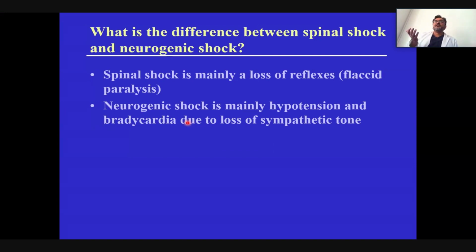So imagine if your anterior gray horn cells are not firing, what would happen? Hyporeflexia, flaccid type of paralysis. So that would happen in spinal shock. Whenever you have spinal cord injury, for a period of time the spinal cord neurons will stop firing, and it can last from 48 hours to a week.